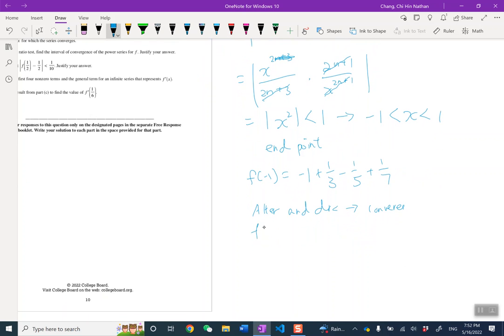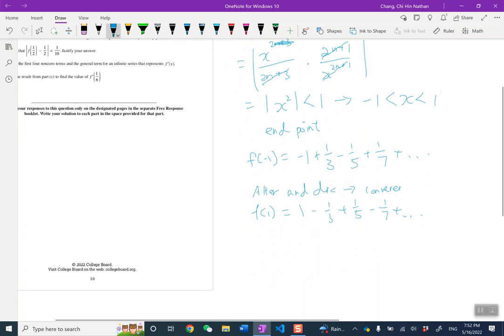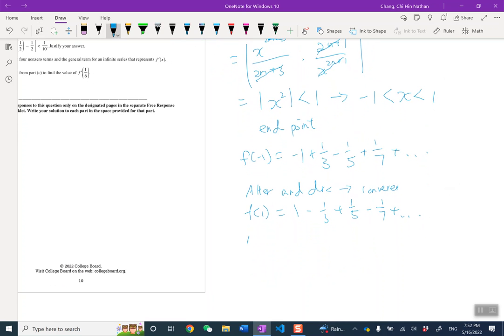So let's try f of 1. It equals 1 minus 1 over 3 plus 1 over 5 minus 1 over 7 plus dot dot dot. And again, because of the alternating series test, it converges.